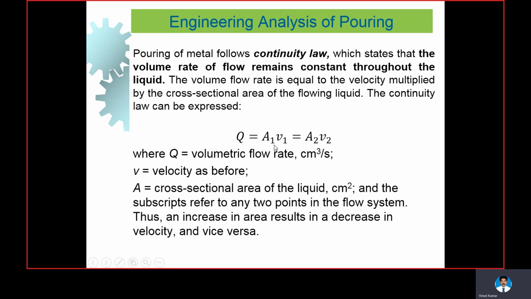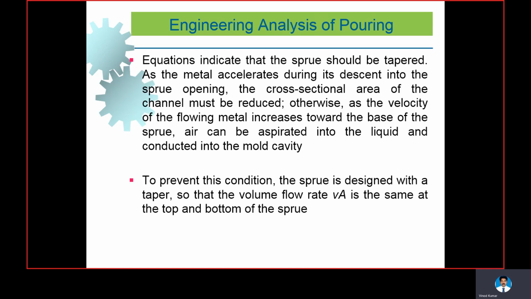So as area decreases, what happens? Velocity increases. In order to increase the velocity, the shape of the sprue is tapered, so that area decreases and velocity increases. This is the shape given for a sprue in a casting process.